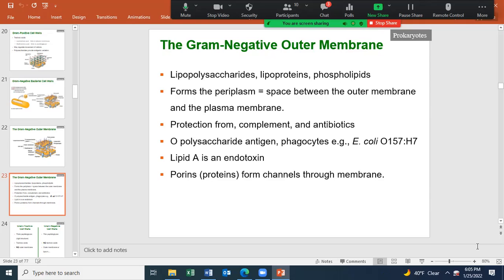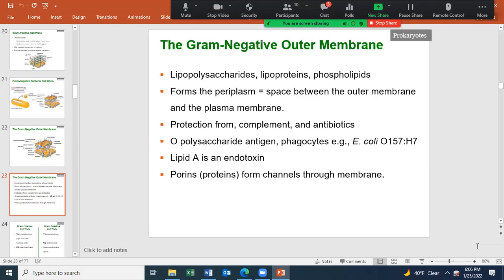I mentioned this earlier, and that is the gram-negative outer membrane can have the O polysaccharide, which can give antigens for the cell, like E. coli O157:H7. The O polysaccharide is the O157, which gives the E. coli different antigens. And then I mentioned lipid A is an endotoxin.